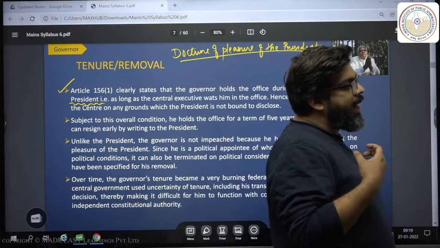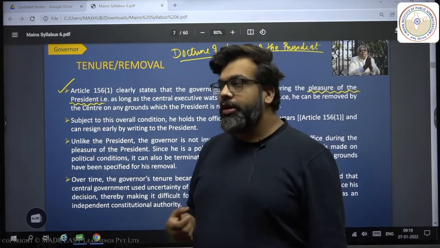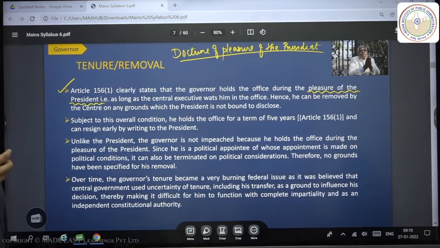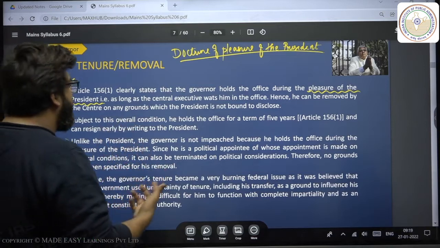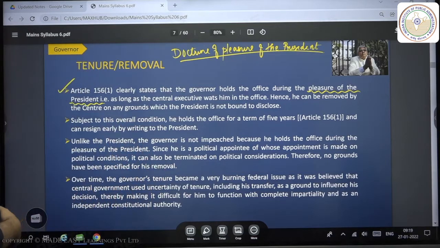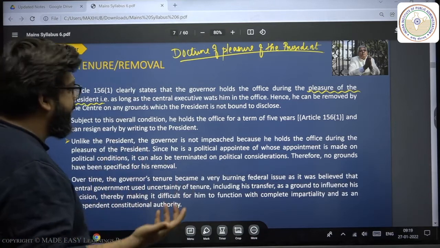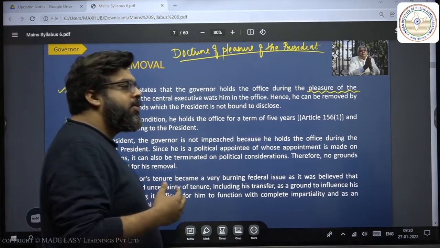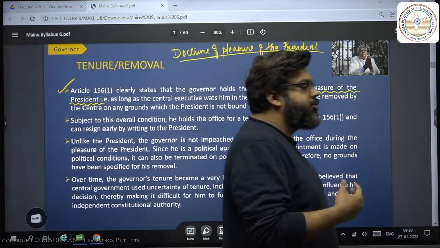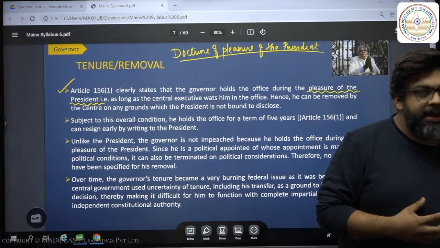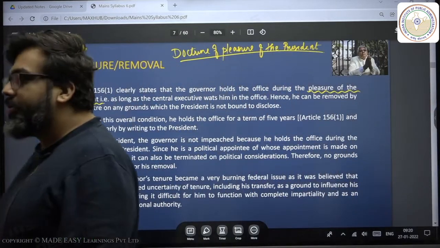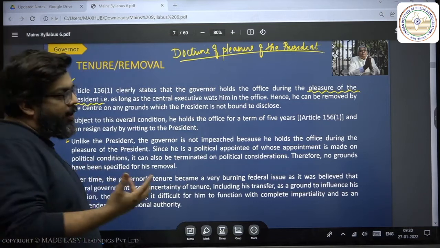You all have been granted constitutional immunities, as a result of which it is not that easy to remove you from the services. Which also means that the center can recommend the president to remove you on any ground, and there is no constitutional provision requiring the center to disclose the reasons as to why you are not kept in office.